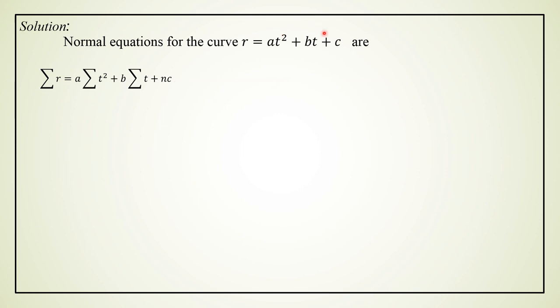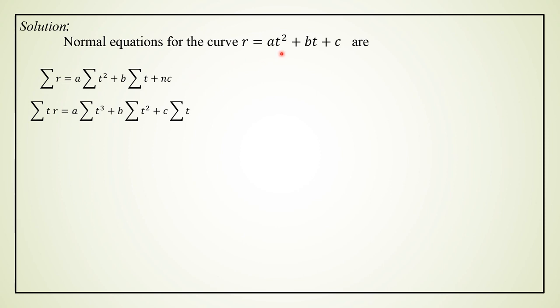Next you have t, therefore multiply t throughout and then take the summation. So the second normal equation is summation t into r, that is equal to a into summation t cube plus b into summation t square plus c into summation t.